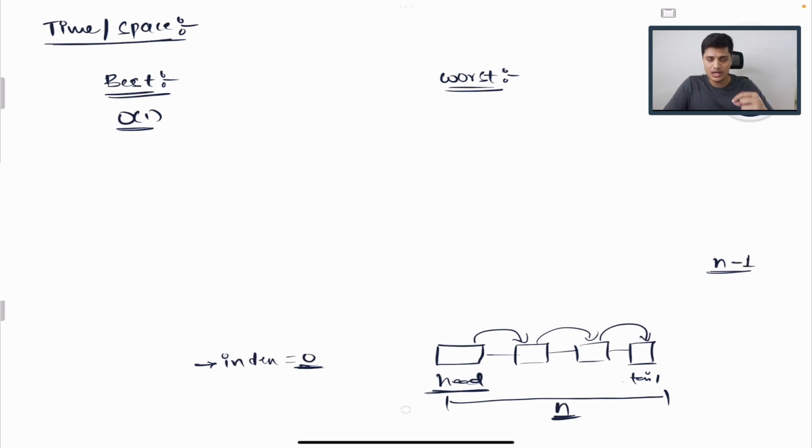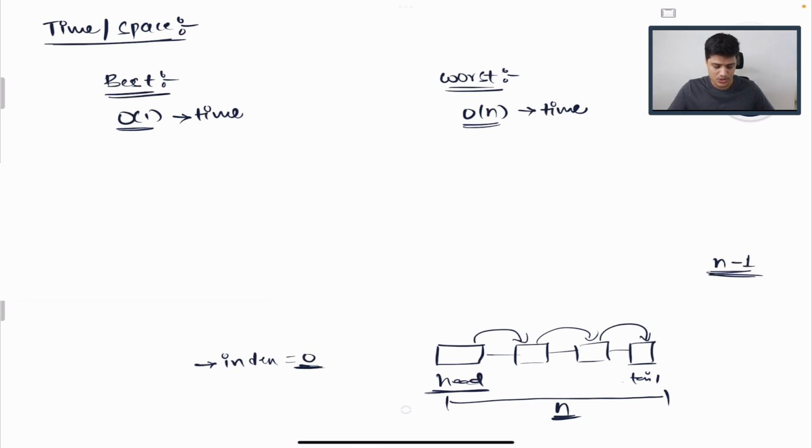That's why whatever iteration logic we are writing will get executed n number of times. As a result, the worst case time complexity will be order of n, where the index given by the user is n minus 1, and in the best case scenario the index given by the user is 0, the loop will not get executed and the time complexity will be order of 1.